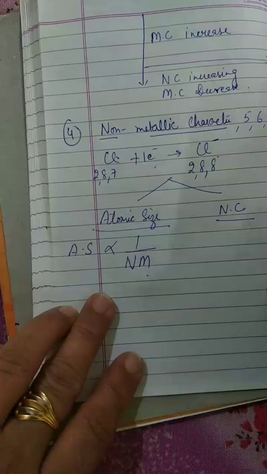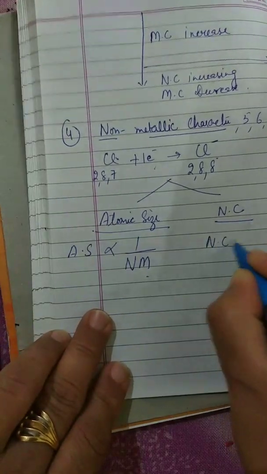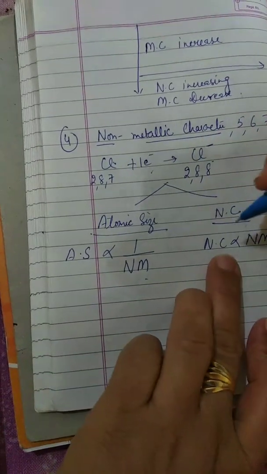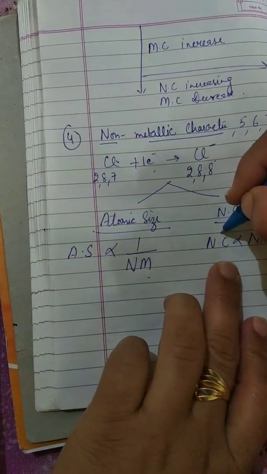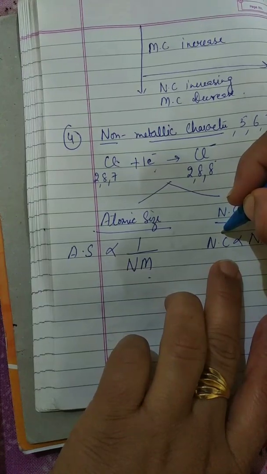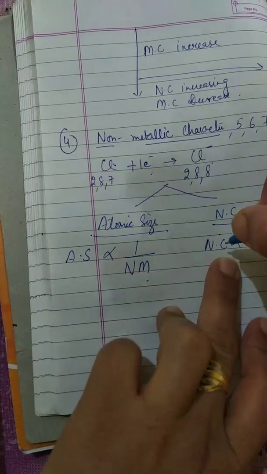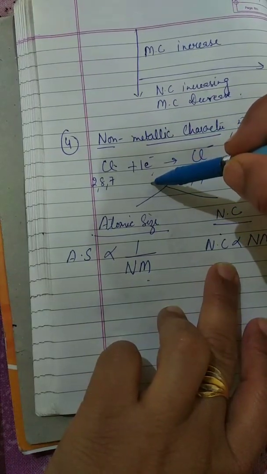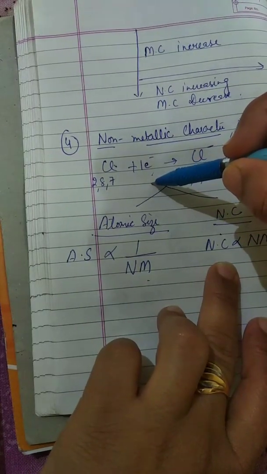On the other hand, nuclear charge is directly proportional to non-metallic character, as more is the nuclear charge, the last electron experiences more attraction towards the nucleus, and in the same way the incoming electrons will also experience more force of attraction towards the nucleus.